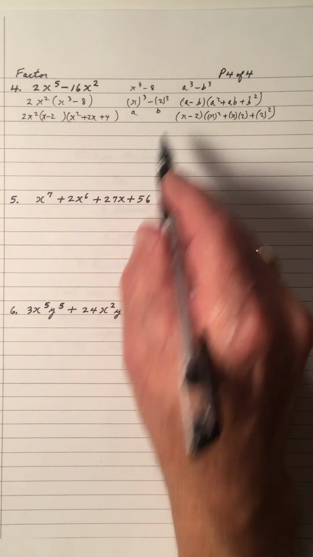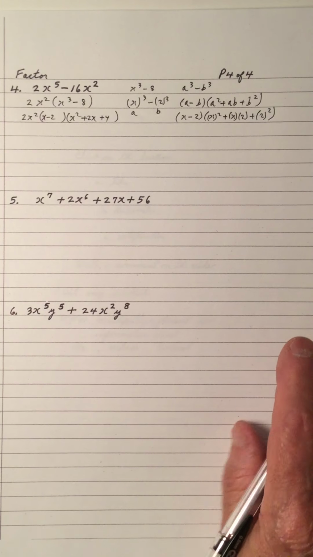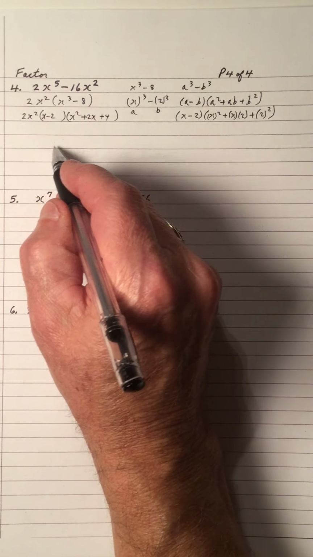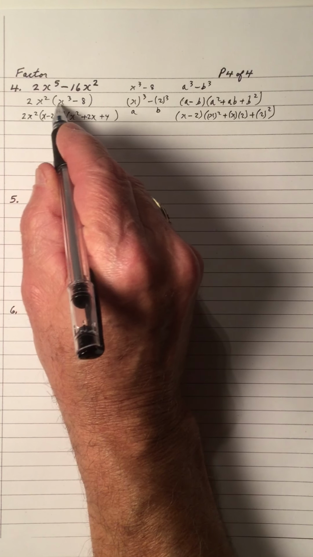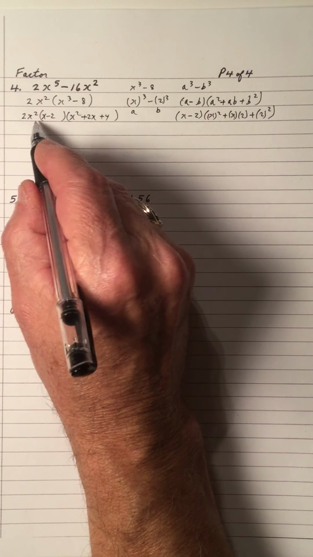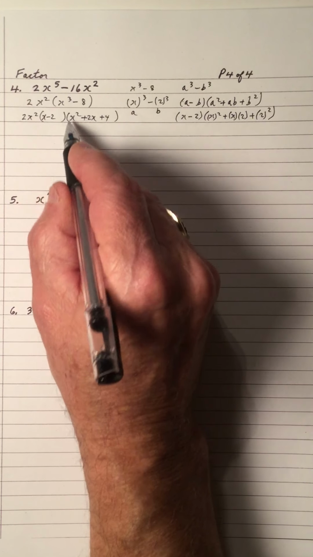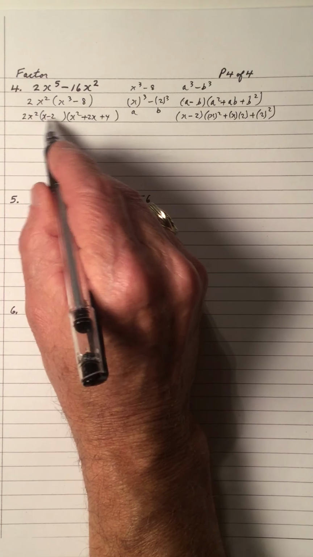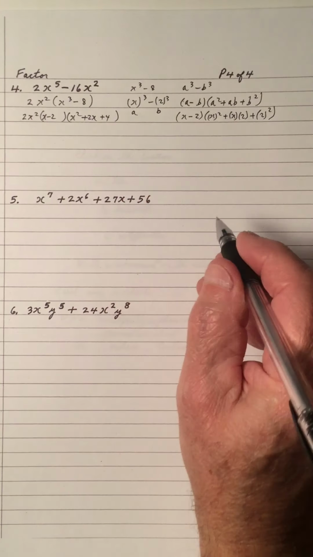I did all my workings over here, which is a good way to do it. Because if you put all these workings down through here, it gets confusing. So notice 2x squared times these two gives me this. And then if I multiply all of this out, I will come back to this. So there's the difference of cubes factored by this right here.